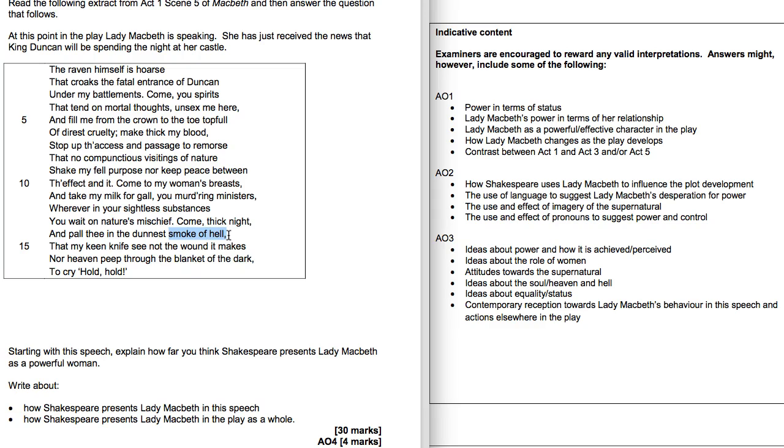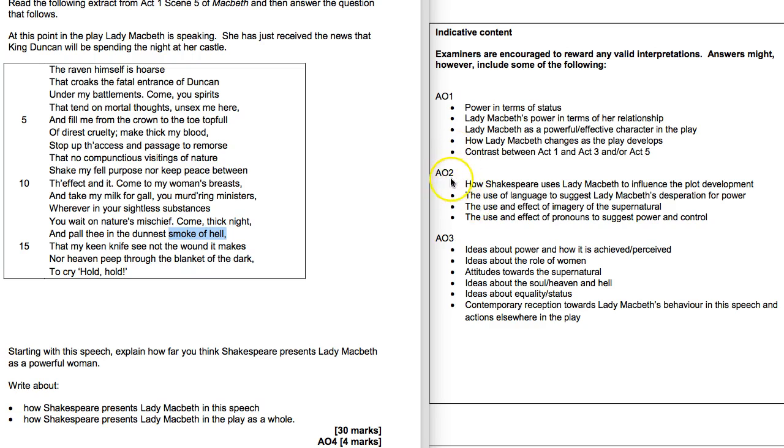And so it's that lack of thought about the consequences, the moral consequences, that lead to her eventual suicide. Okay, now I should point out you wouldn't need all of these in your essay, but I'm demonstrating them all to you just to make your revision that much better.